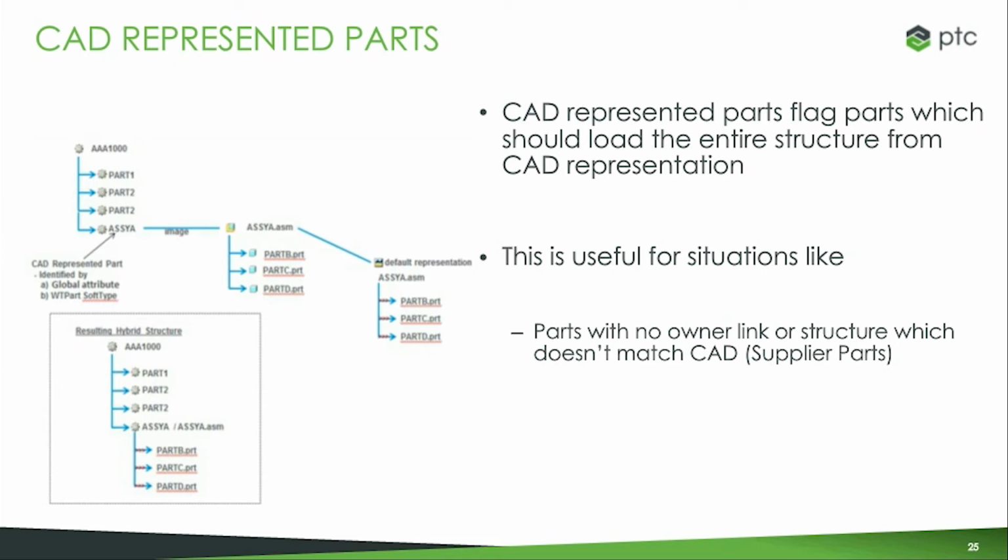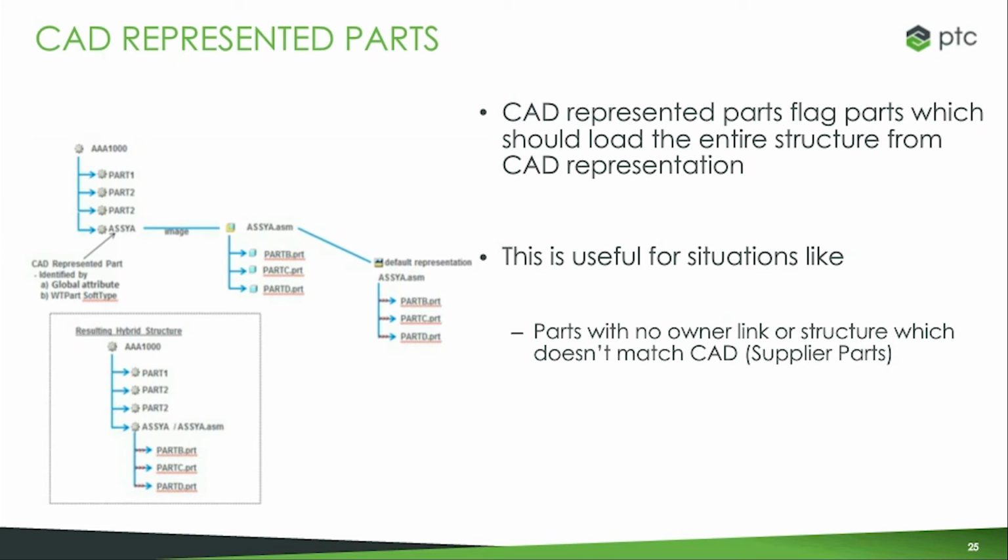When there is a CAD represented part, let's say this assembly A, it will, when flagged, use and traverse the image association or the default owner assembly representation, and it will start picking up the rest of the representation structure and processing it as if it was the same inside the part structure.